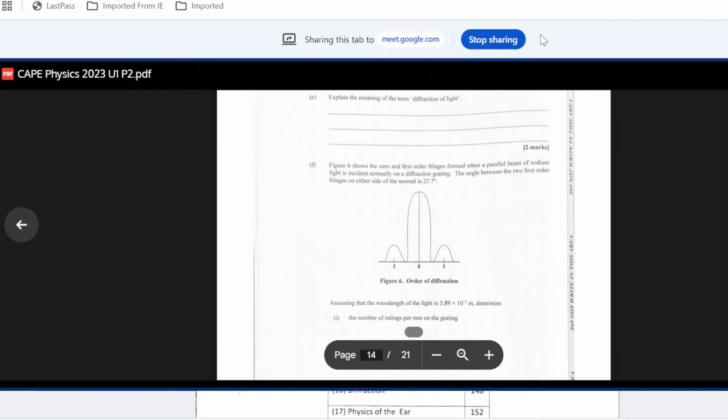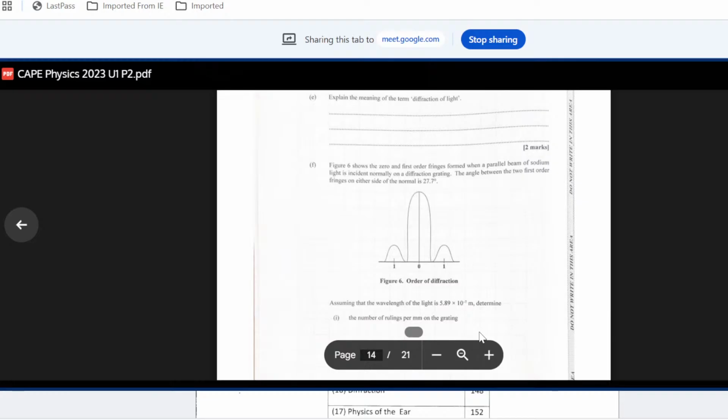Alright, so what do we know here? What is it that we're trying to find? We're trying to find N, capital N. Alright, so what would you do first?